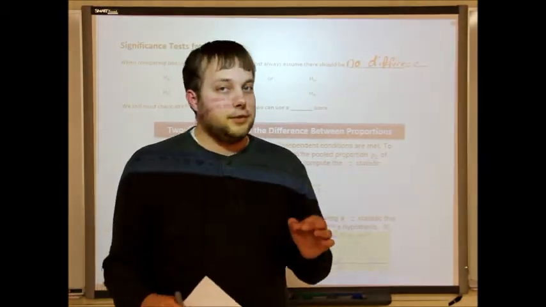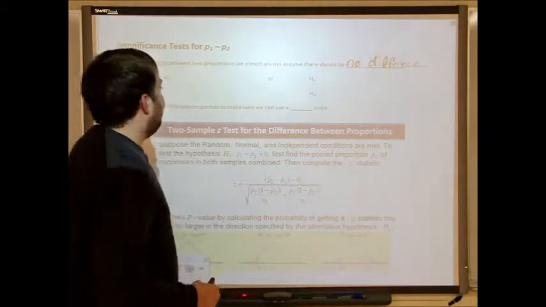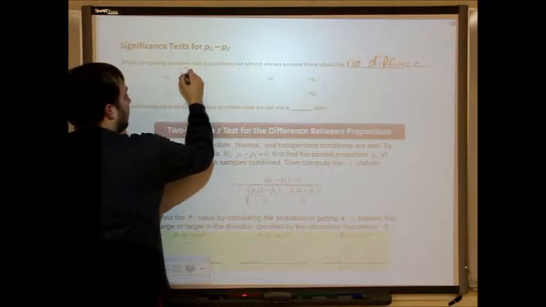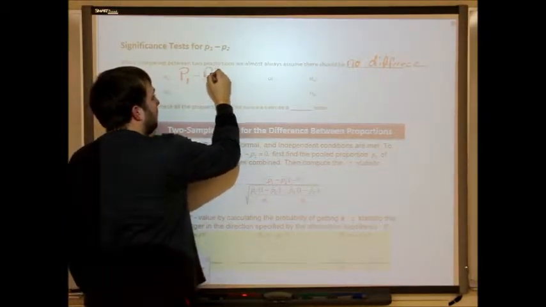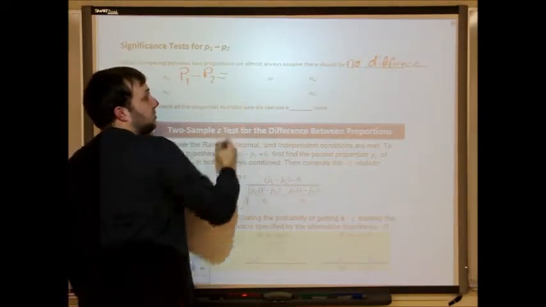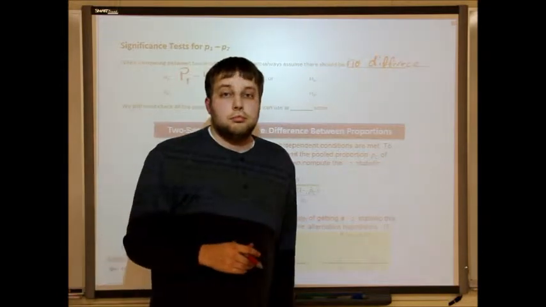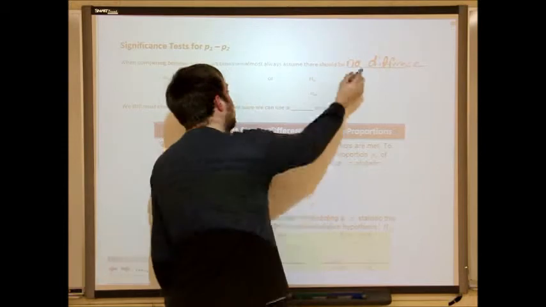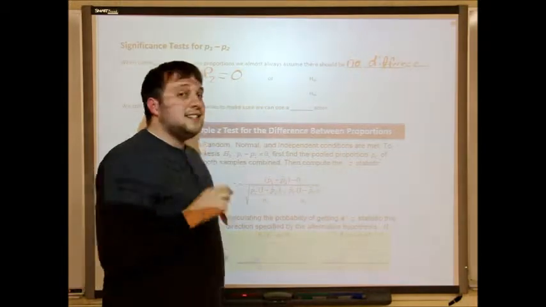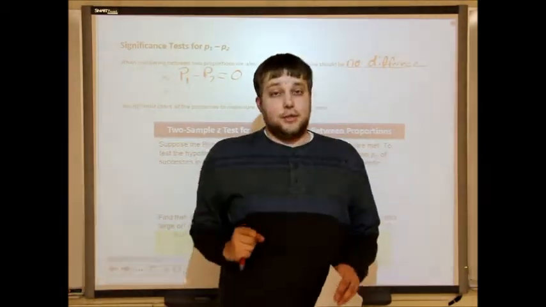Now, is there a difference? So how would we write a hypothesis test? We would say, hey, listen, probability of 1 minus the probability of a second really should be what? If I take my probability of my first, probability of my second, there should be no difference, so really the difference should be 0. There is no difference.